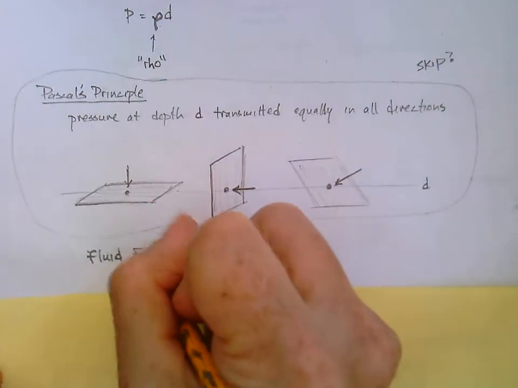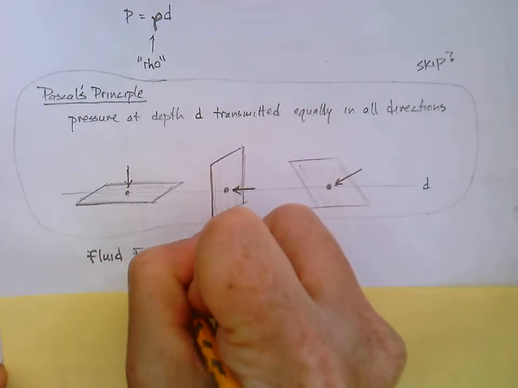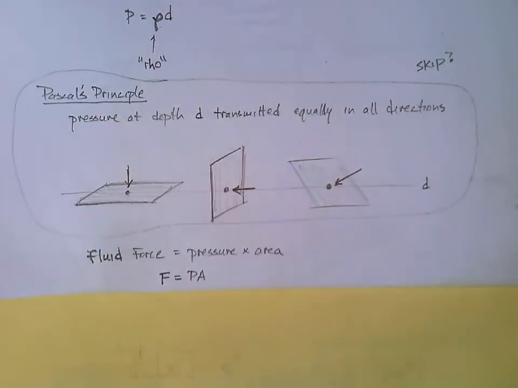If you've taken any physics, you may be familiar with force equals mass times acceleration. Well, that would be for an object in motion. But when we're talking about fluid pressure, force is pressure times area. So it's almost like pressure is your acceleration, right?